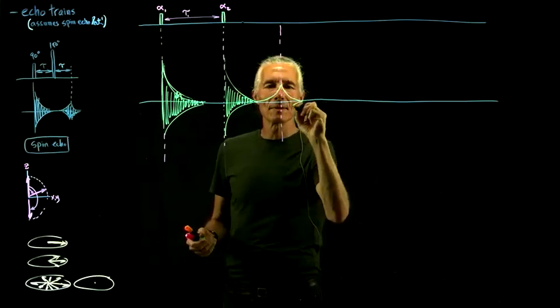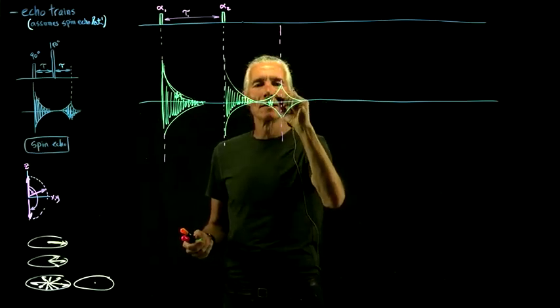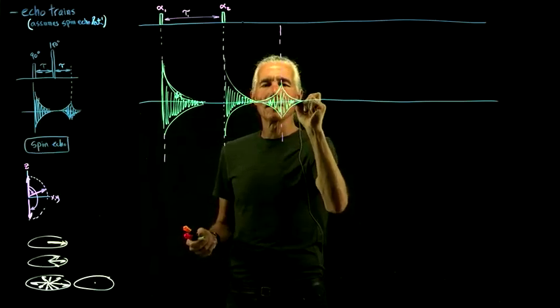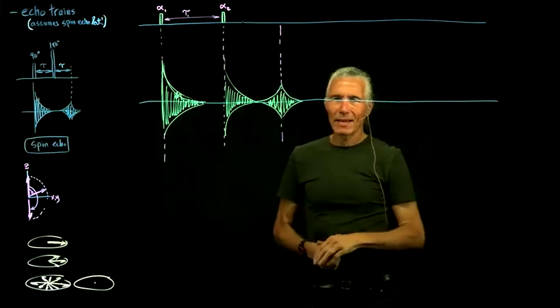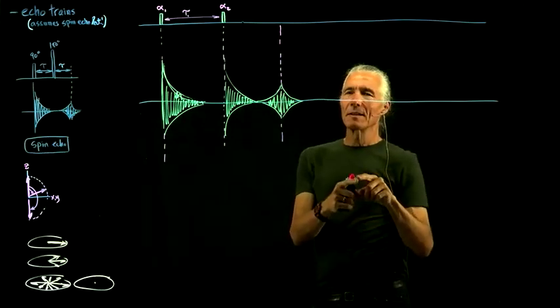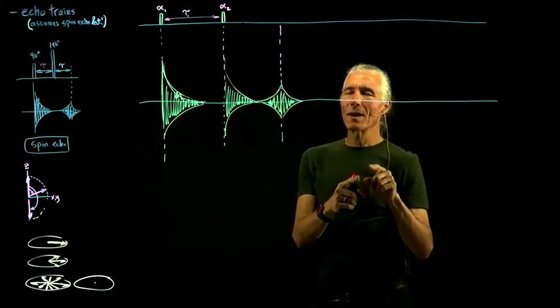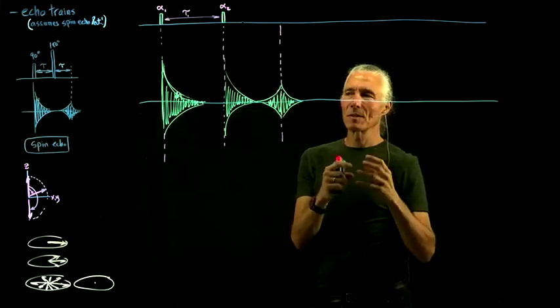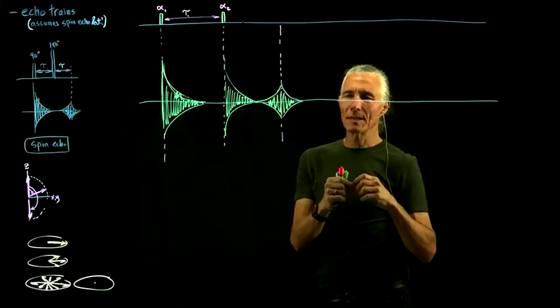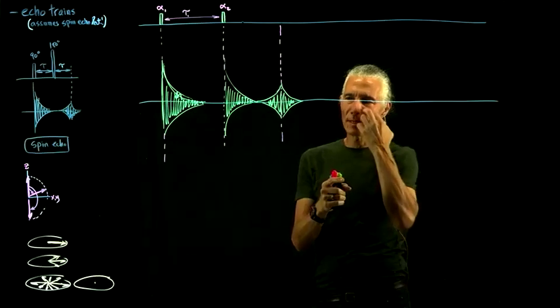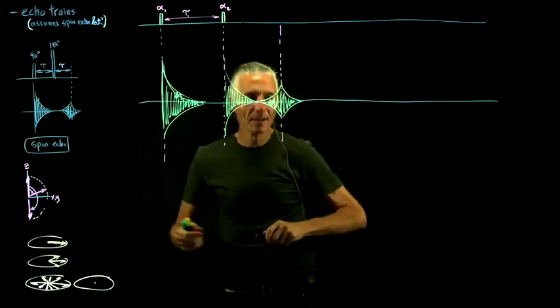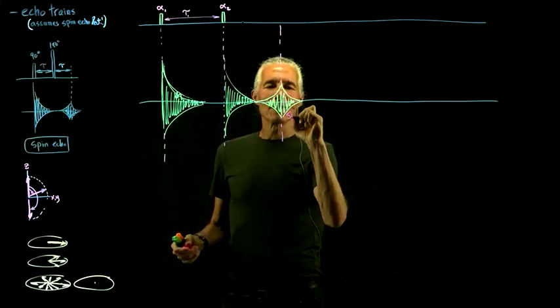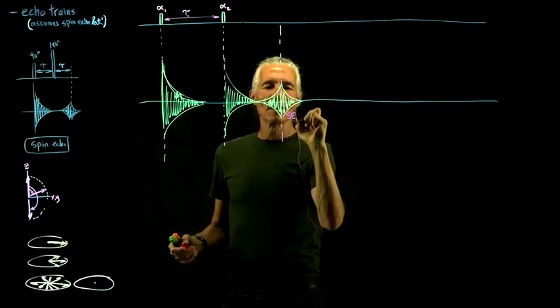It's not as big because what this one did is it essentially canceled out the T2 prime decay due to the inhomogeneous magnetic fields, different magnetic fields in different places. So that's called spin echo, SE1,2.